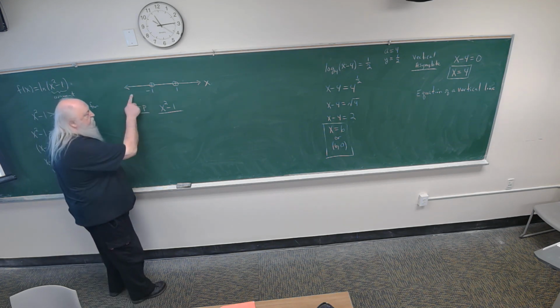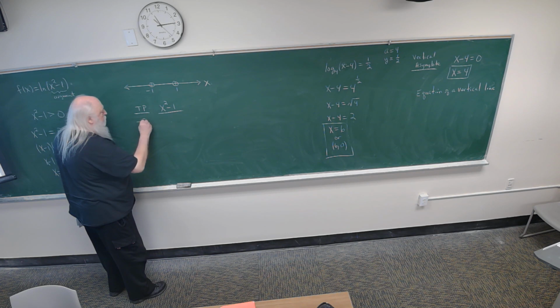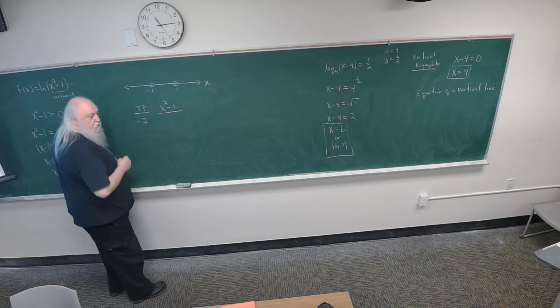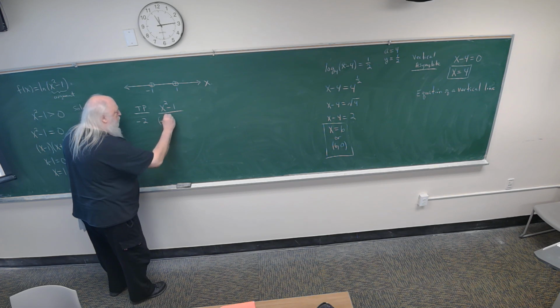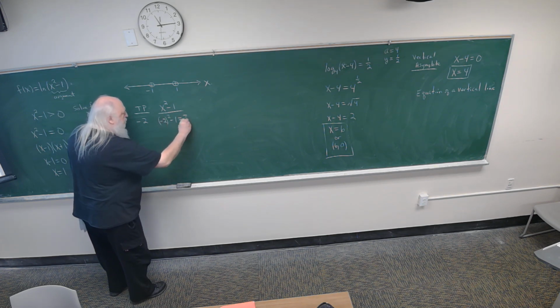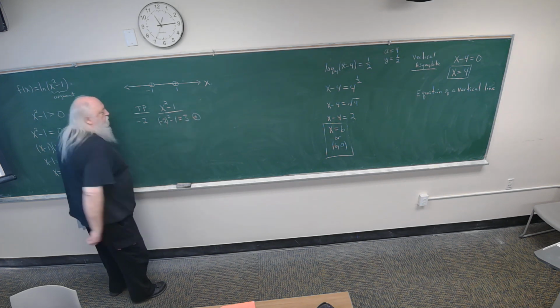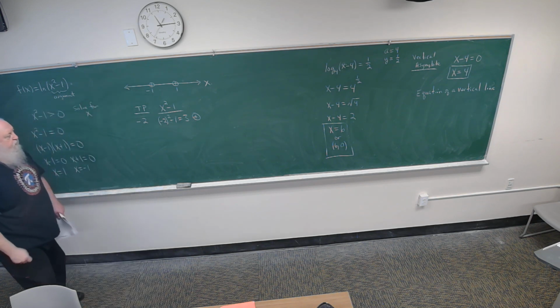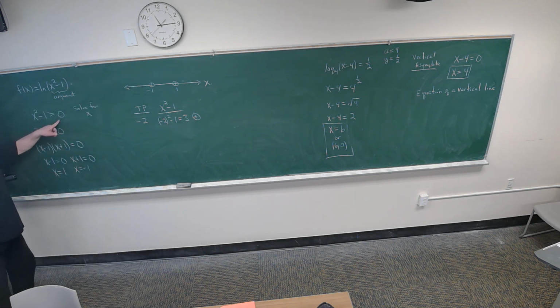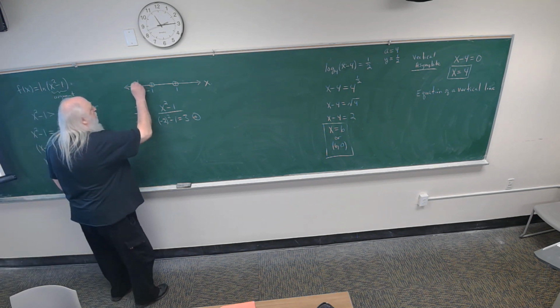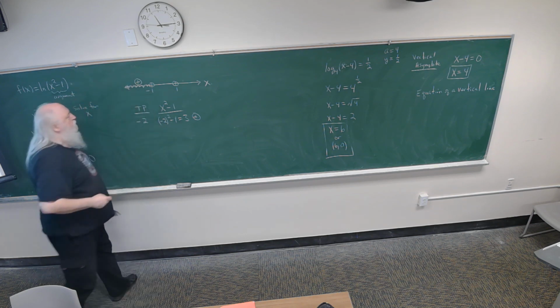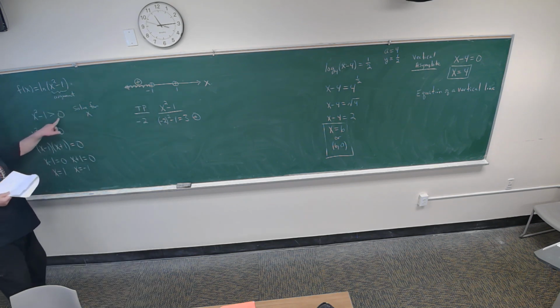So in this first interval, -2 is less than -1. And so when I put -2 in for x in the quadratic, I get 3, right? The value of the quadratic is 3, and 3 is greater than 0. So any real number less than -1 makes the left-hand side here greater than 0.